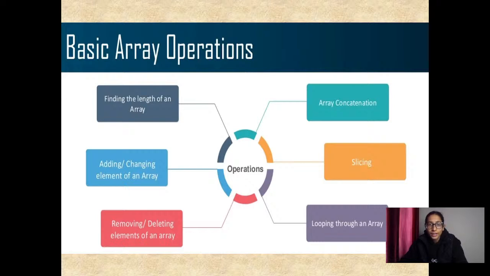Number 2 is adding and changing elements. Number 3 is removing and deleting elements. Number 4 is array concatenation. Number 5 is slicing. Number 6 is looping through an array.